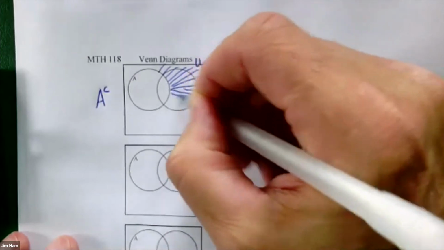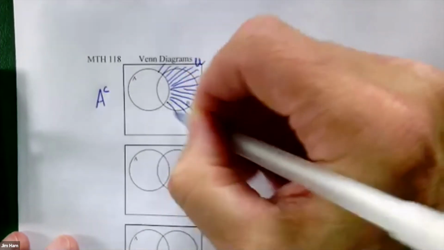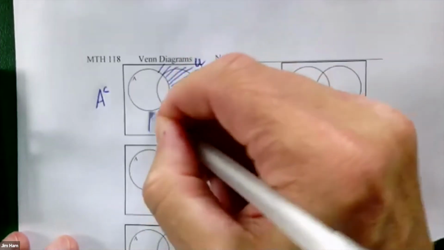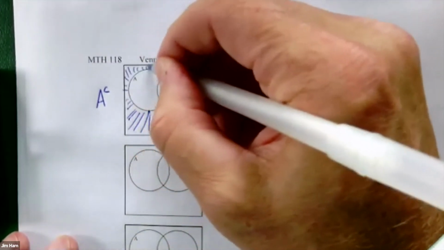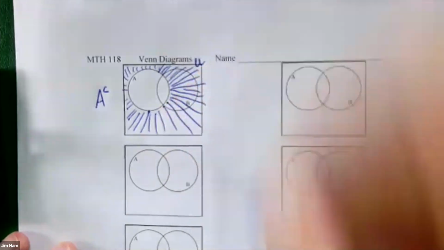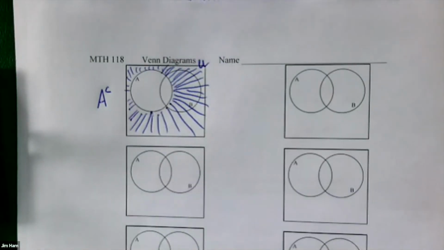The only thing I'm not going to shade is anything inside the A circle, because complement means not A. So I don't want to include any part of A. And it would look like that. Some of B is shaded, but the fact that B is in this diagram is irrelevant. It's not needed here. So we just act as if it's not there.